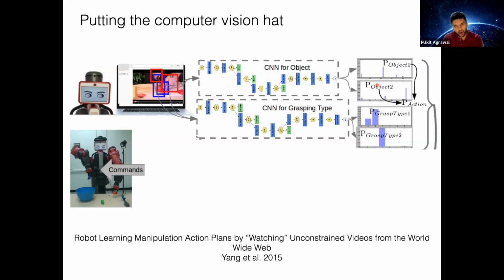Now we could also impose additional prior knowledge. For example, I can try to classify which kind of grasp the human hand is doing, right? Or what kind of manipulation the human hand is doing. So we can have a library of different kinds of manipulation a human hand can do, right? For example, it could be pinch, or it could be like closing the fingers. It could be grasp, it could be a power grasp, and so on and so forth.